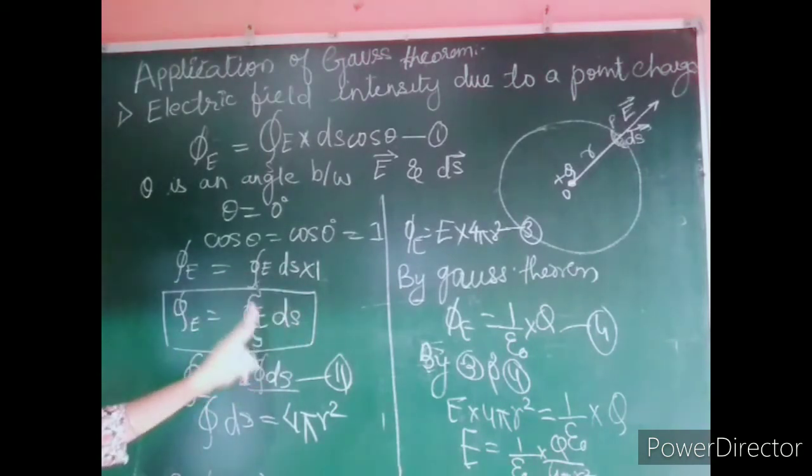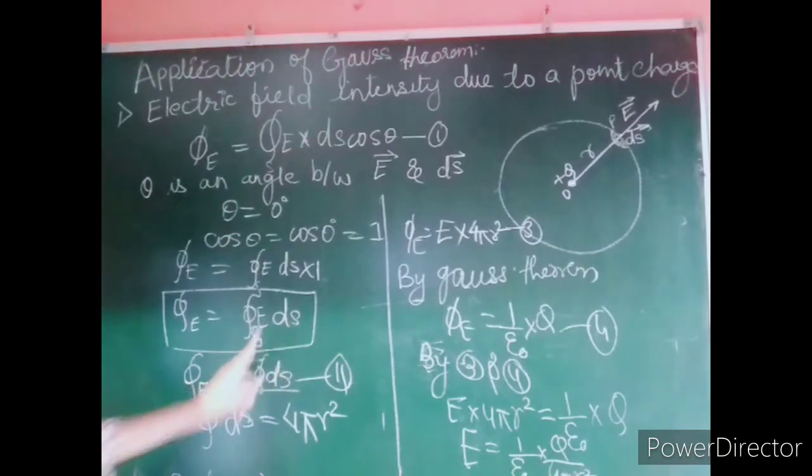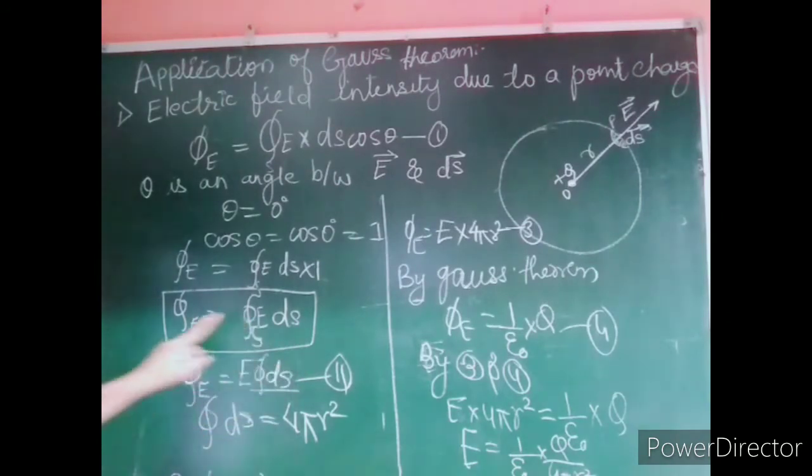Now phi E is equal to the enclosed surface integral of E into ds. This we got. Now if we take E outside the integral, then we got E into integral of ds, and this integral of ds is known as the total surface area. So we got integral of ds is equal to 4 pi r square.